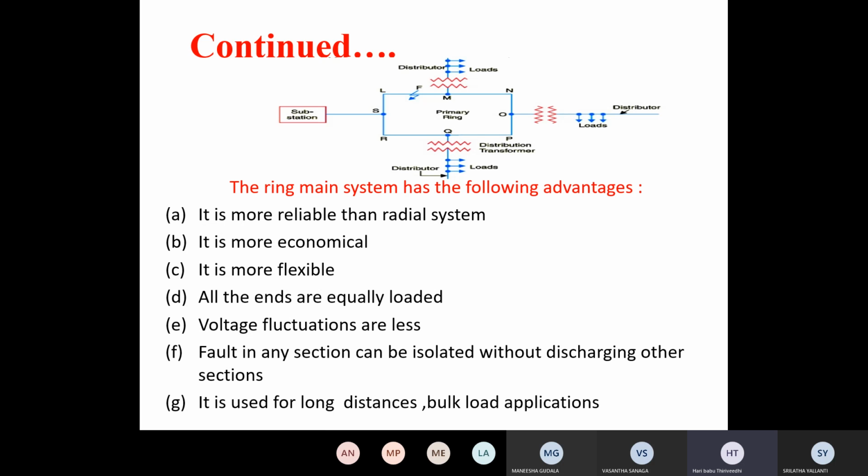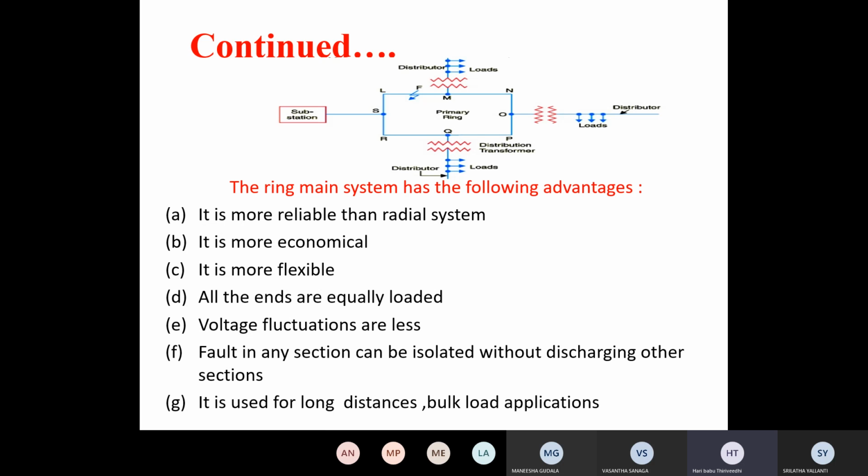But this is not like that. In a radial system, the total M distributor may shut down, but now there is no power failure for the M distributor either, because the power will go S, R, Q, P, O, N, M like this. After isolating the fault between L and M, we can restore the regular power.